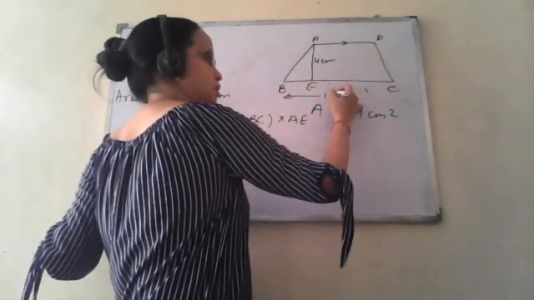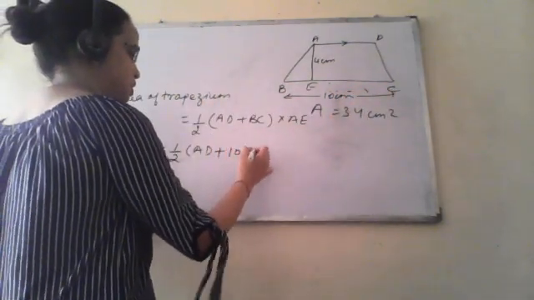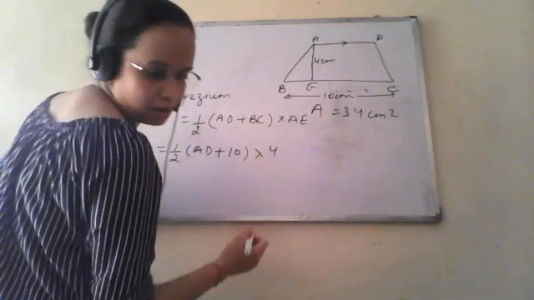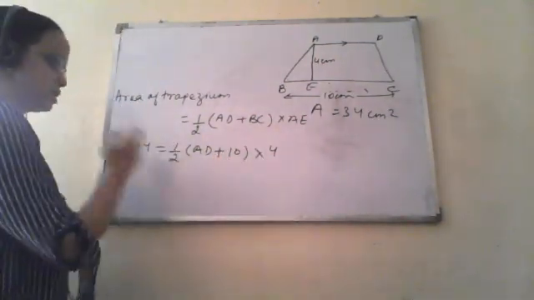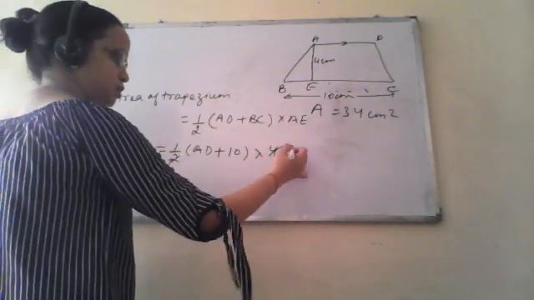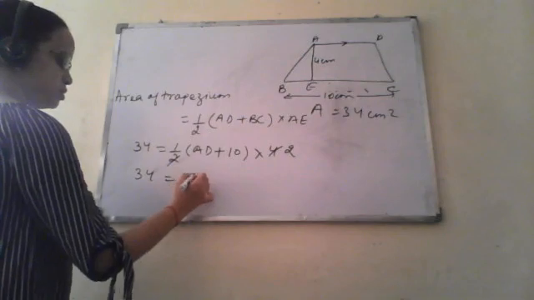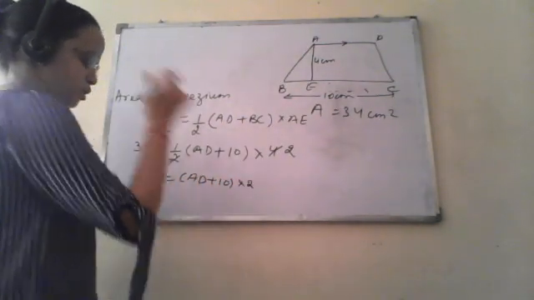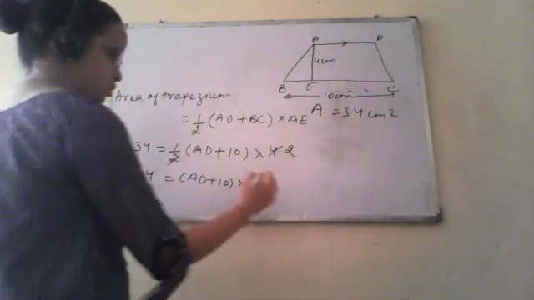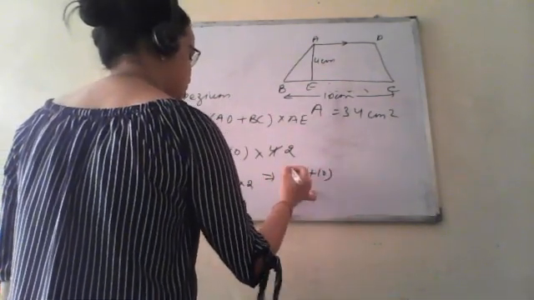So 34 equals half into AD plus 10 into 4. Now we can cancel out this 2, so 34 equals AD plus 10 into 2.